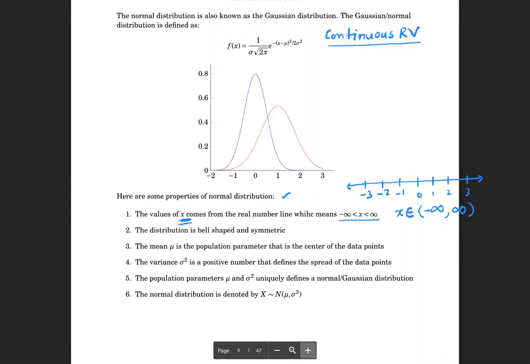Now, the distribution is bell-shaped or symmetric. So that's one thing you may want to pay attention to. So let's look at the red bell-shaped curve. If you look at the red bell-shaped curve, as you can see, the left half is the mirror image of the right half, or the right half is the mirror image of the left half.